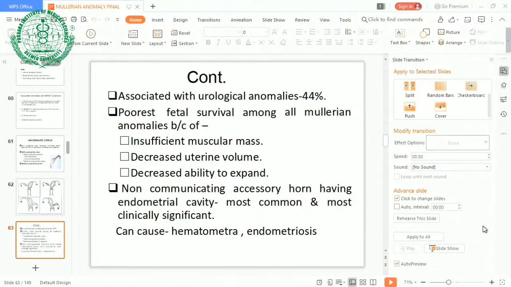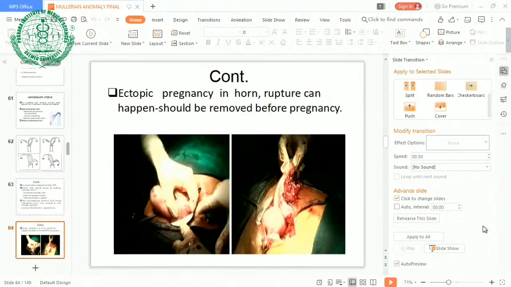Associated with urological anomalies in 44% of patients, poor fetal survival among all Mullerian anomalies because of insufficient muscular mass, decreased uterine volume, decreased ability to expand. A non-communicating accessory horn having an endometrial cavity is most common and most clinically significant, can cause hematometra, endometriosis, ectopic pregnancy in the horn, can rupture, and it has to be removed.